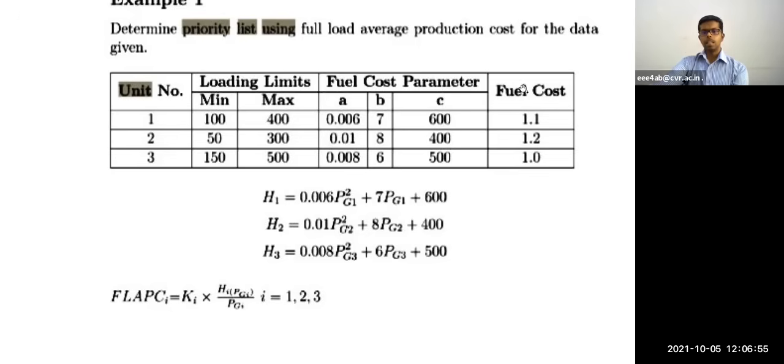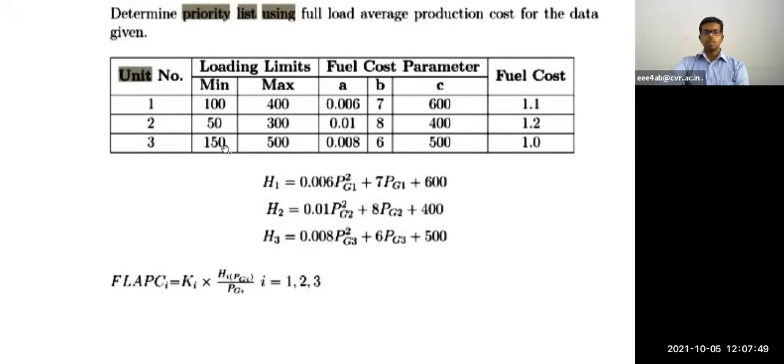Sometimes, instead of this table, they will directly give the heat rate, with the minimum and maximum loading limits, and the fuel cost for those generating units given separately. So whatever data is given, you need to convert it, or if it is given directly, you take it directly, or if it is in tabular format, you take that.